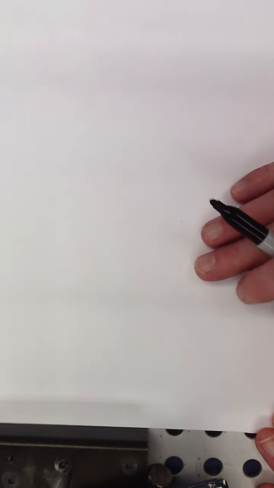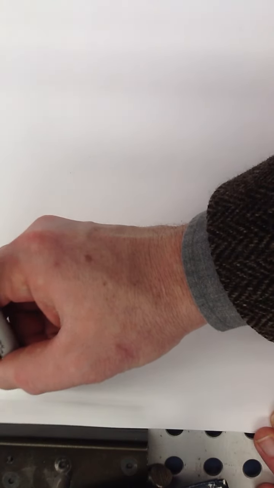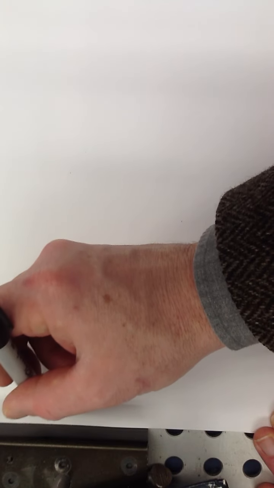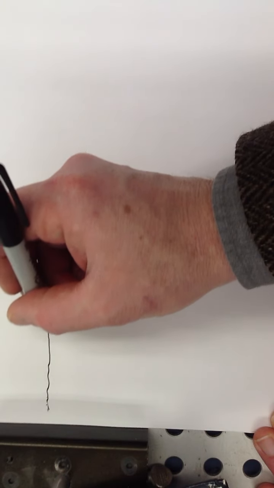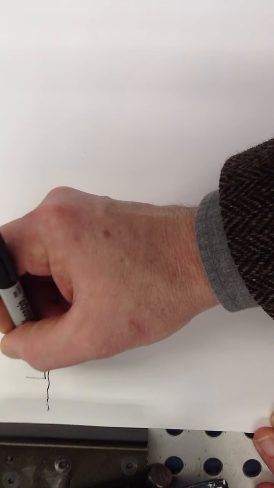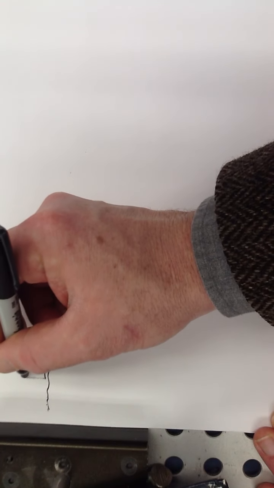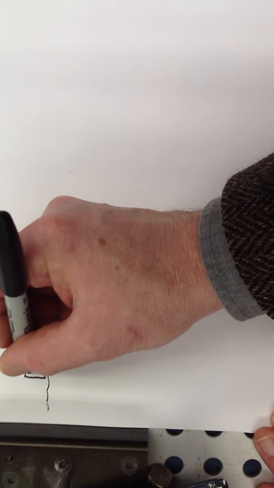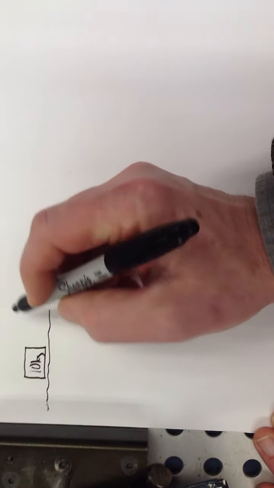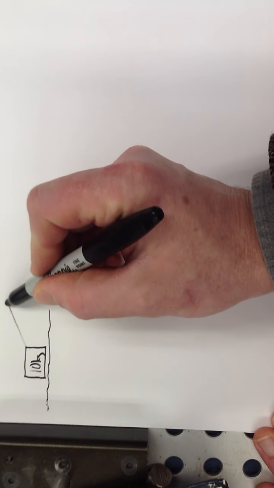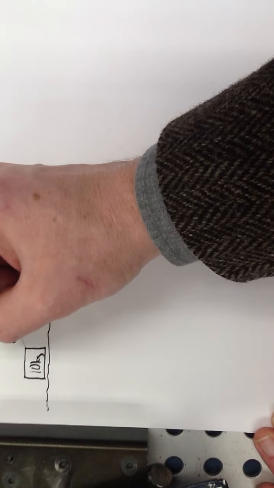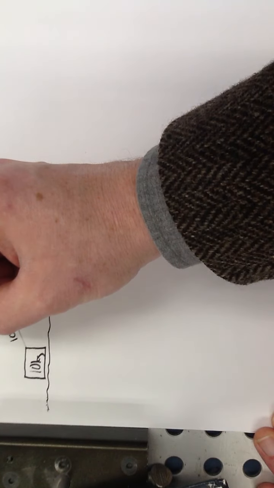I think I'll do 2 more examples. Let's see, how about, here's a similar problem. How about that same box, 10 kilograms, but this time it's being pulled by another 100 Newton force.